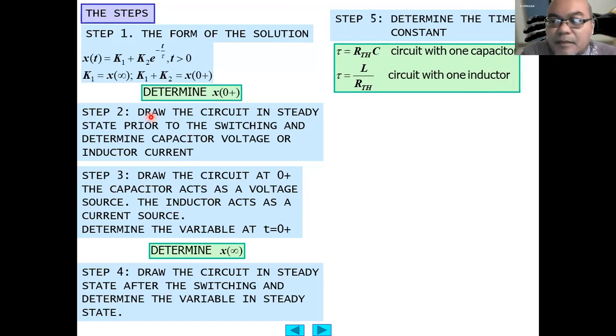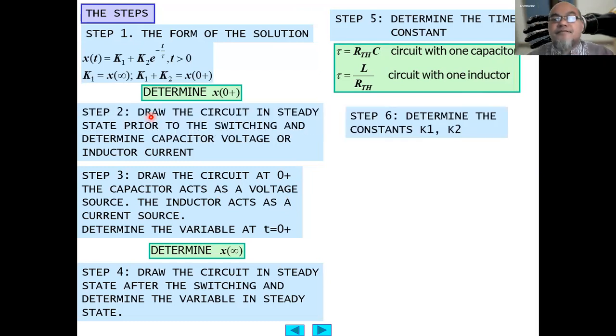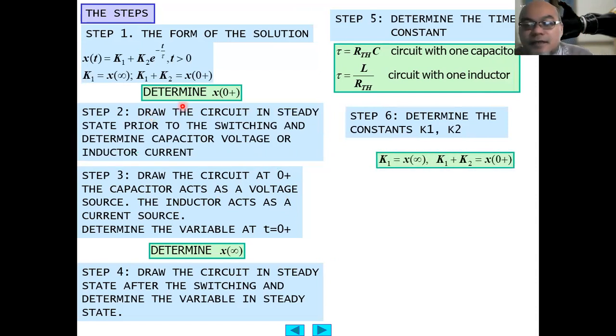In the case of a capacitive circuit, it will be RTH times C. In the case of an inductive circuit, it will be the inductance value divided by RTH. Then determine the constants K1 and K2. K1 will be the x infinity, the variable as t approaches infinity, and K1 plus K2 usually equals the initial value.